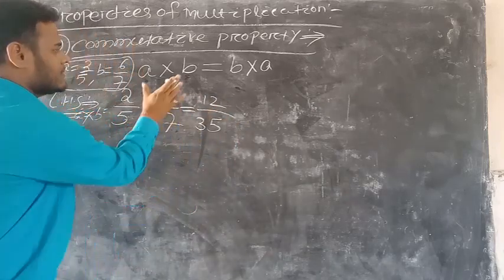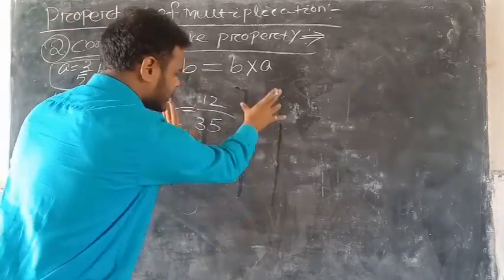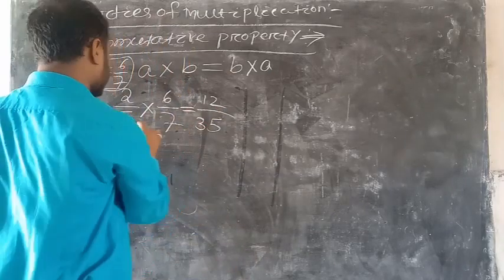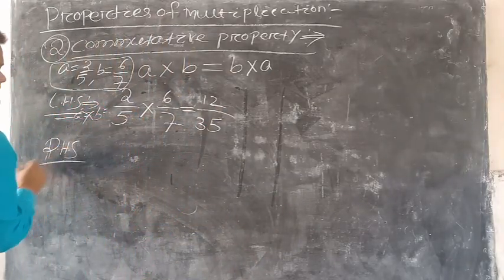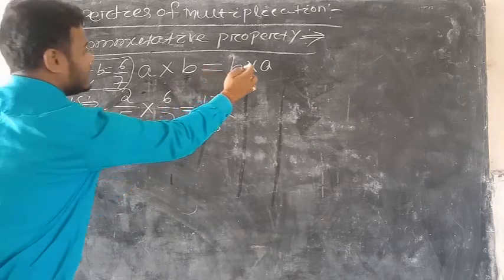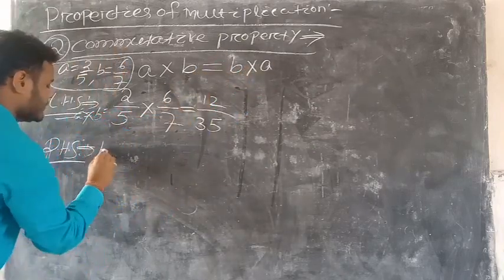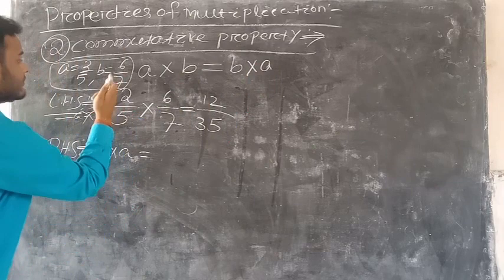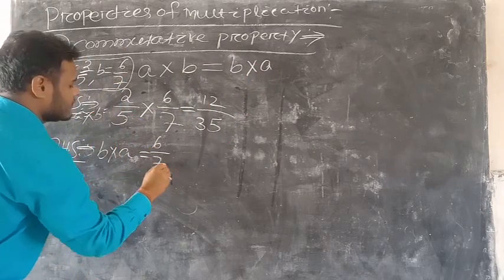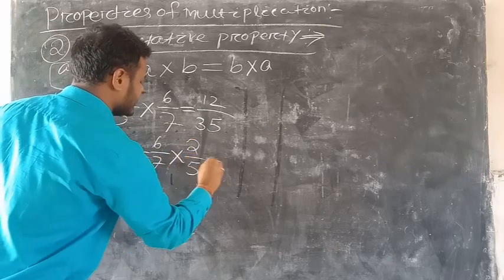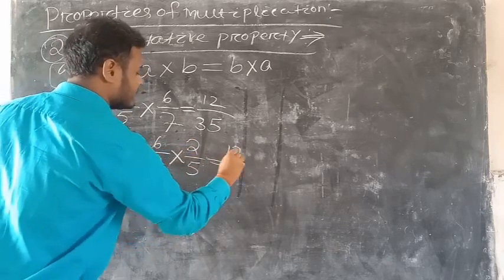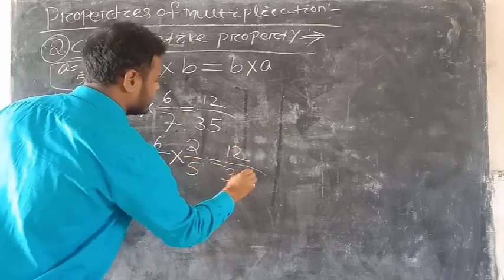Don't write left hand side and right hand side in a single line. Don't do it like this. Now the RHS, right hand side, b into a. B is 6 by 7 into a is 2 by 5, which is equal to 12 by 35.